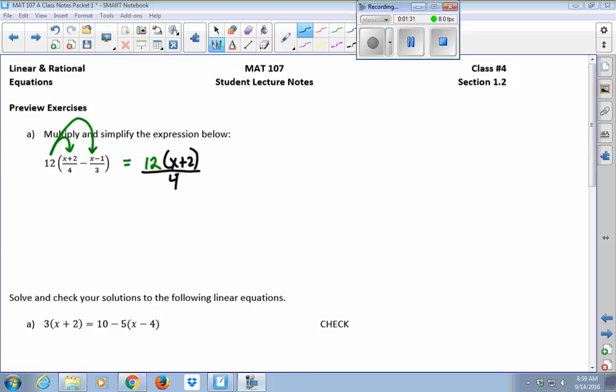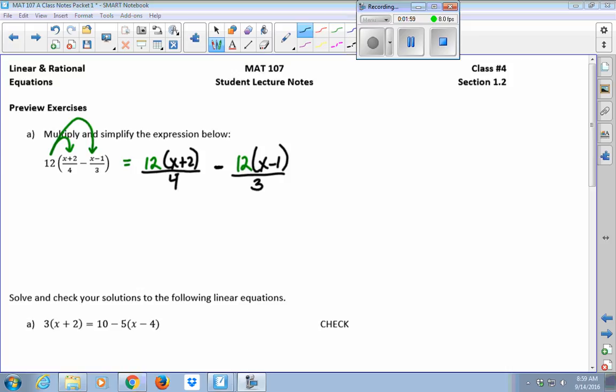And then to keep your subtraction sign, and then 12 times the fraction that's there, x take away 1, the whole thing divided by 3. So now, because in each of these terms you have a denominator that will divide into the numerator evenly, they each have a common factor of 1. So now you could reduce instead of at the end.